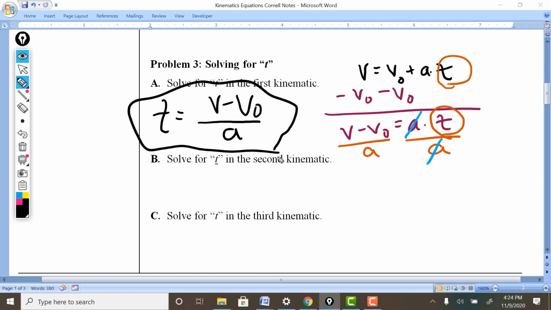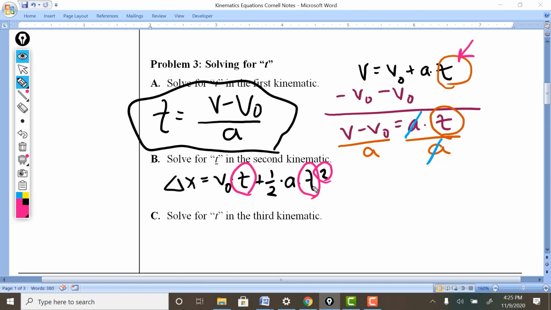Part B, if we look at the second kinematic, delta x equals v naught t plus 1/2 a t squared, we run into an immediate problem. T is here and here. Unlike the previous problem where t only appeared once in the equation, in this equation it appears twice, and not only that, one of them is to the second power. These are not like terms.